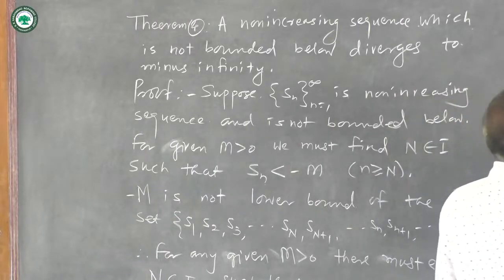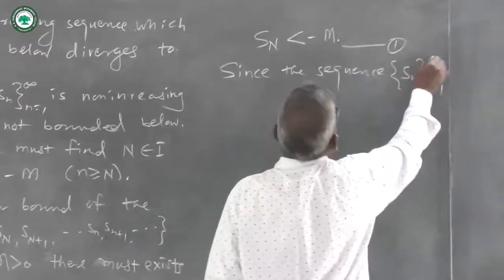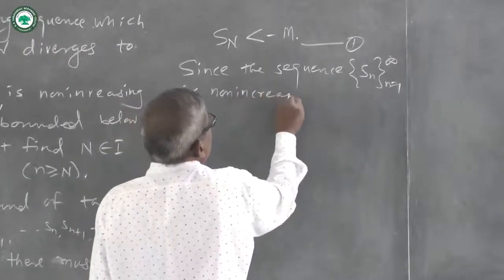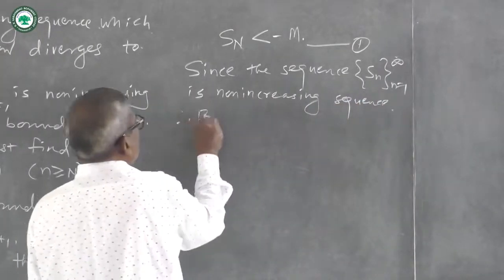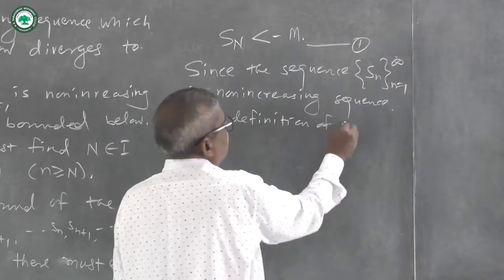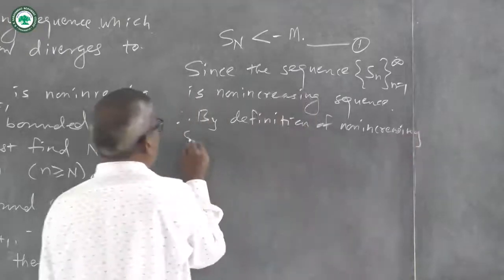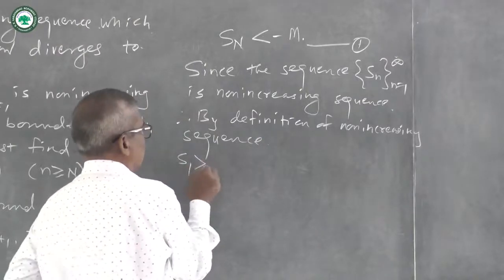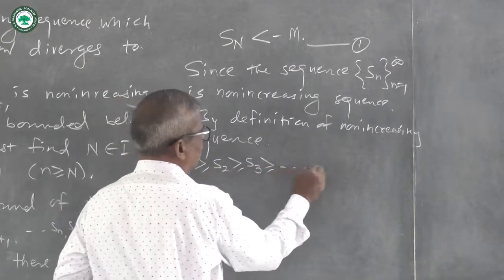Since the sequence S suffix n, n equal to 1 to infinity, is a non-increasing sequence, therefore, by definition of non-increasing sequence, S1 is greater than or equal to S2, S2 is greater than or equal to S3, S3 is greater than or equal to, and so on.